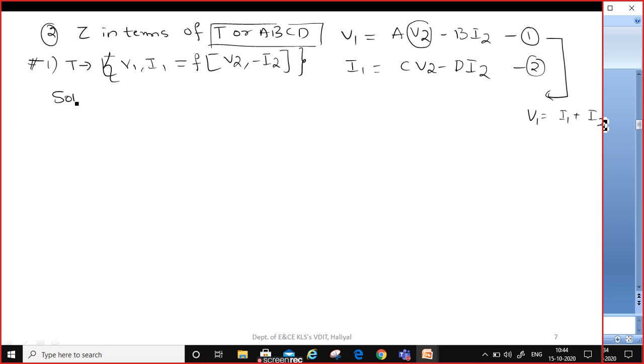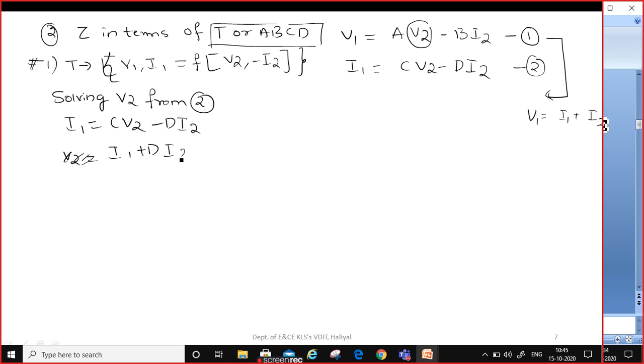So now, solving V2 from equation 2 will give me what? I1 equal to C V2 minus D I2. So if I solve for V2, I get I1 plus D times I2 equal to C V2.